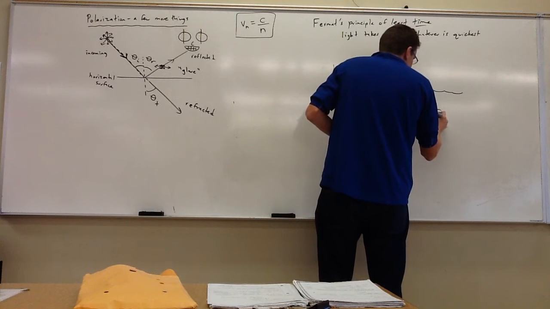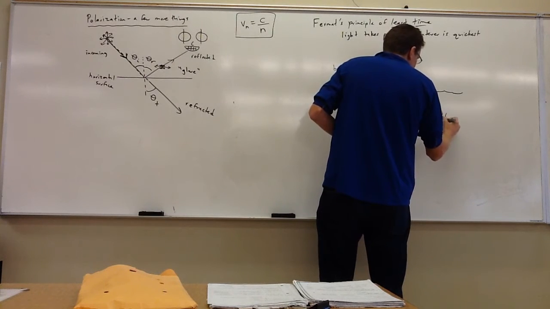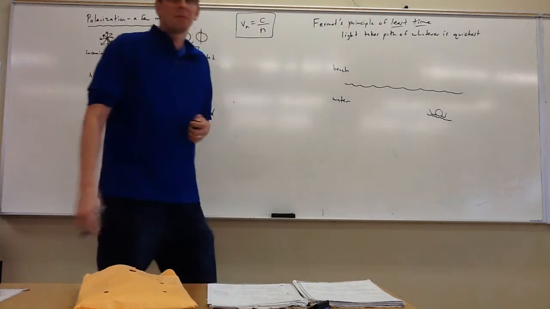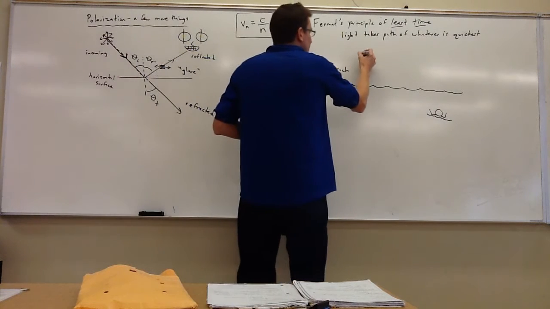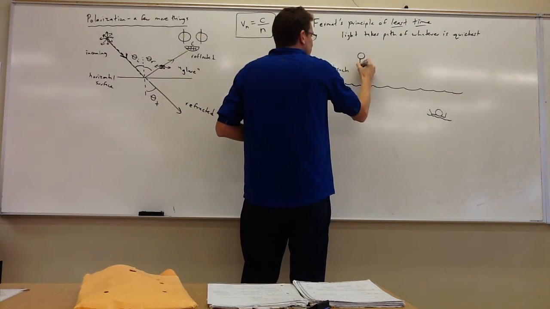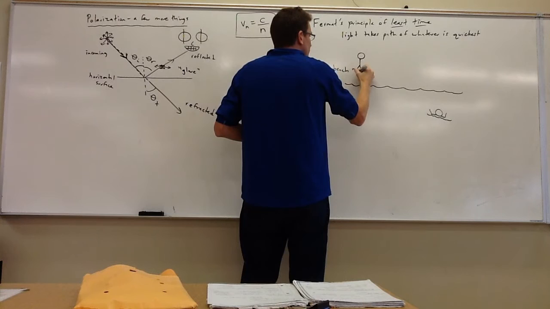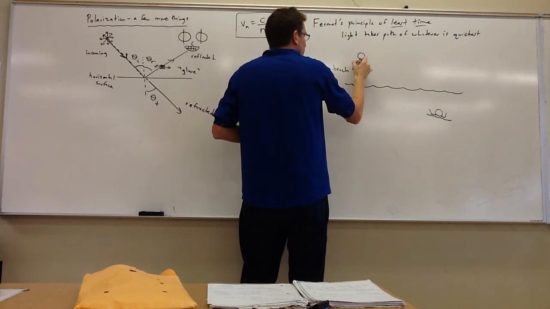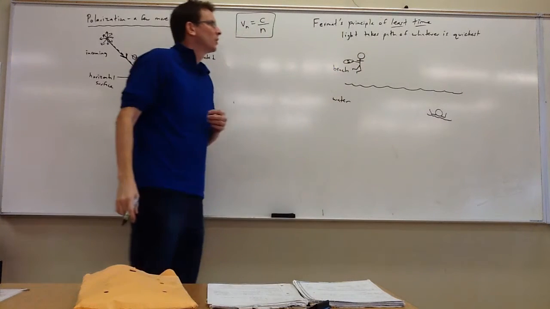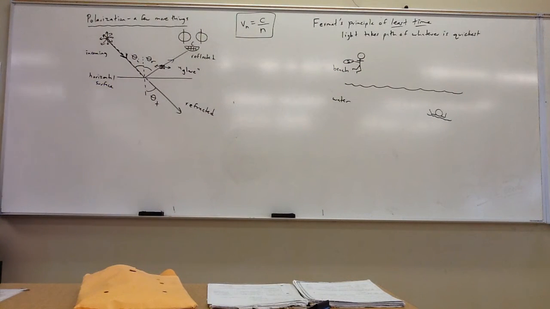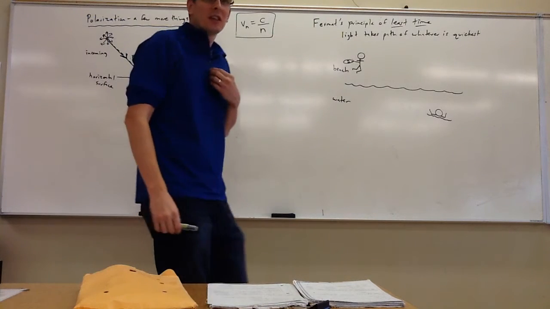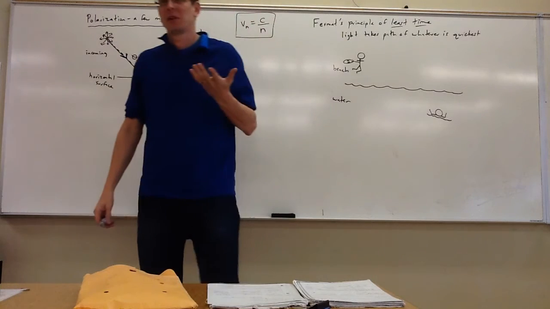So let's say we have a drowning swimmer over here that needs help, and we have a lifeguard over here, one of those pontoony things, right? So let's evaluate different strategies for getting to the drowning swimmer, and obviously here the least time is really important.